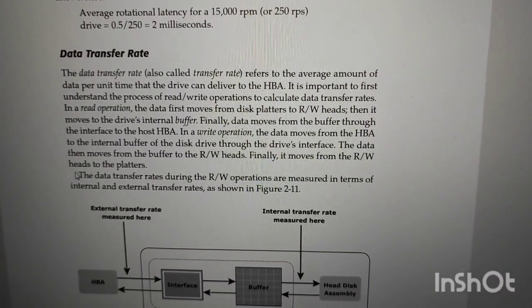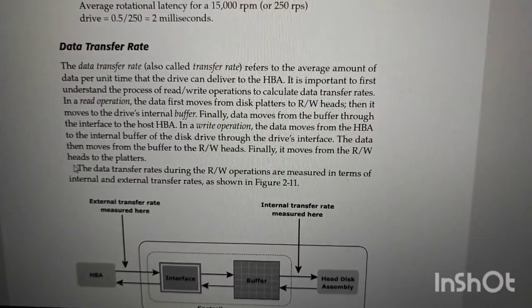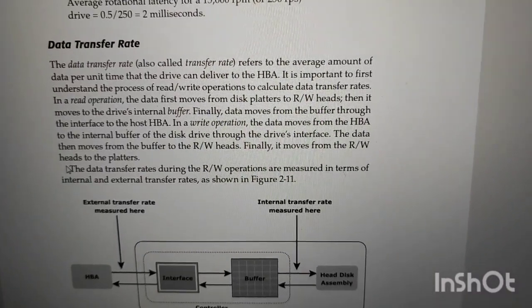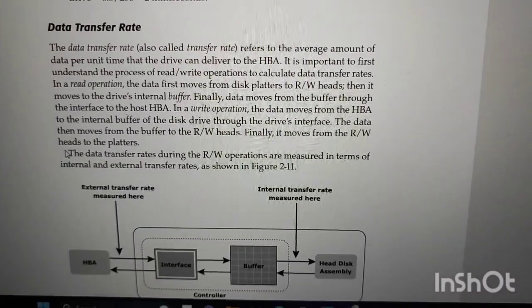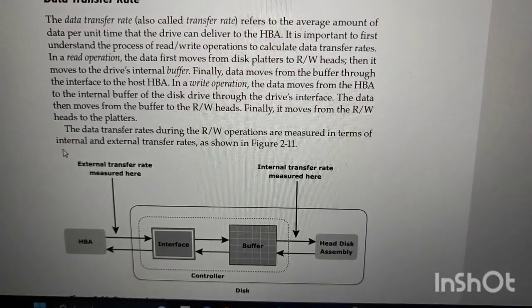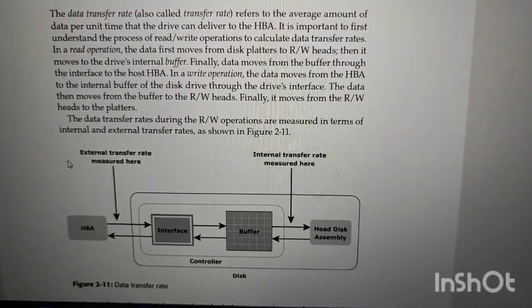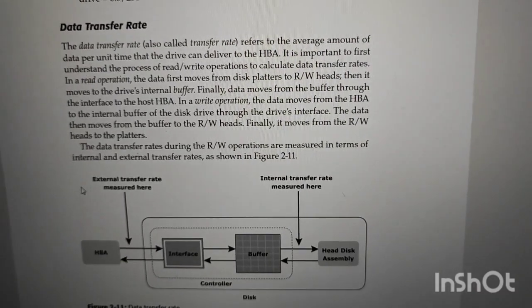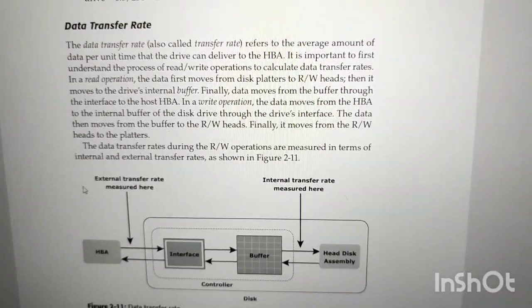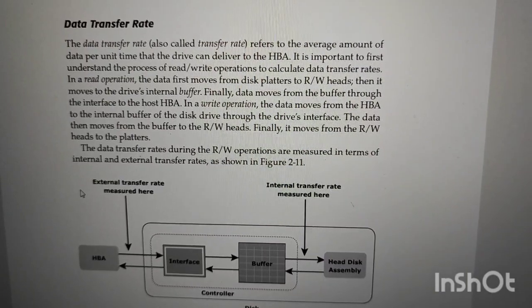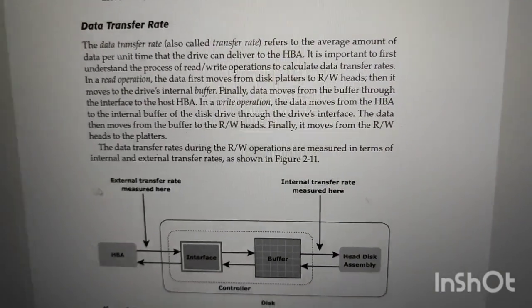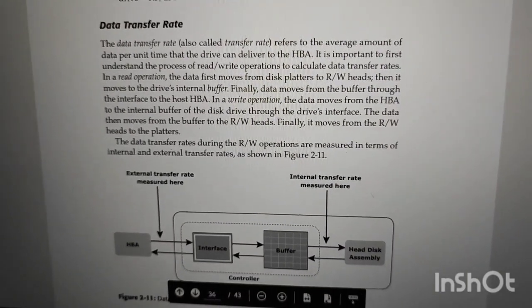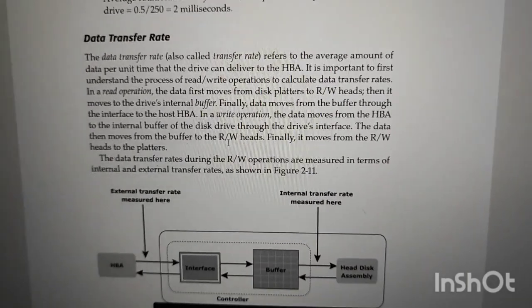In the read operation, the data first moves from the disk platter to the read write heads, then it moves to the drive's internal buffer. Finally, the data moves from the buffer through your interface to the host, your HBA.